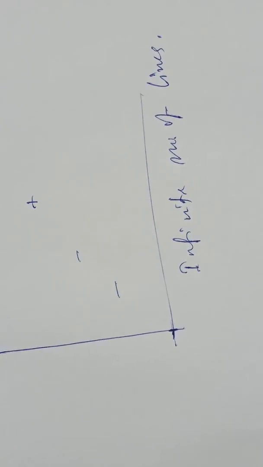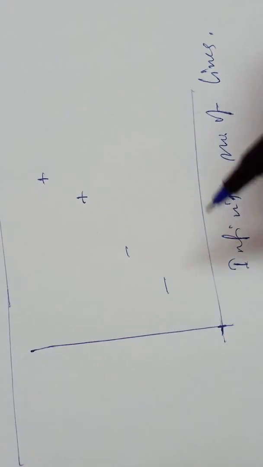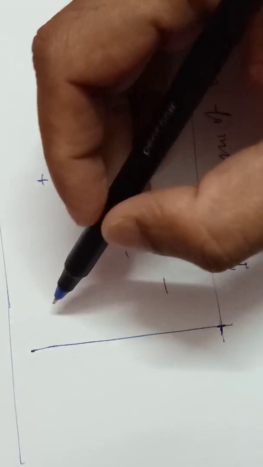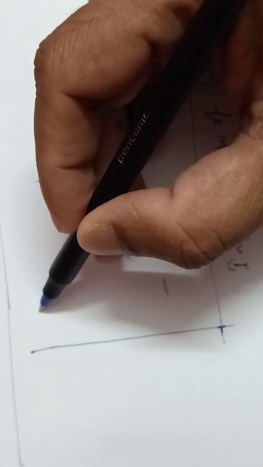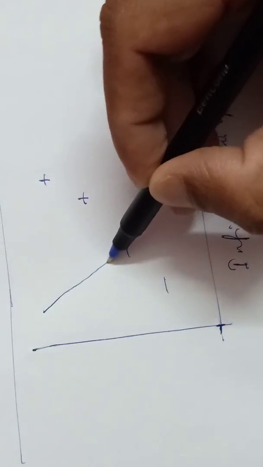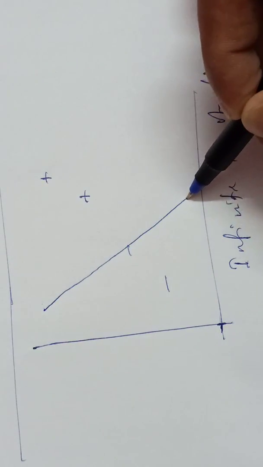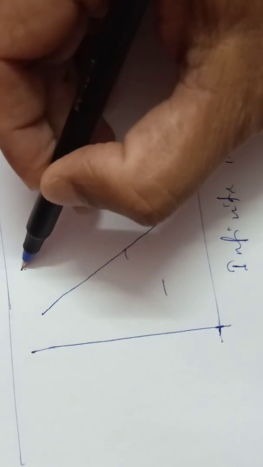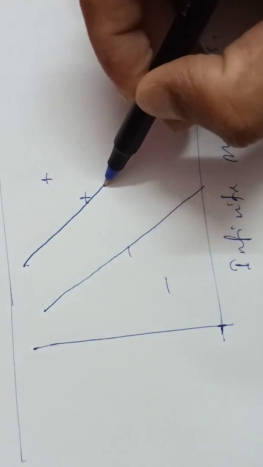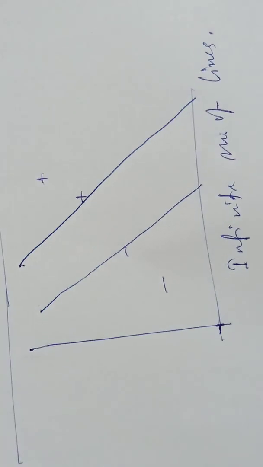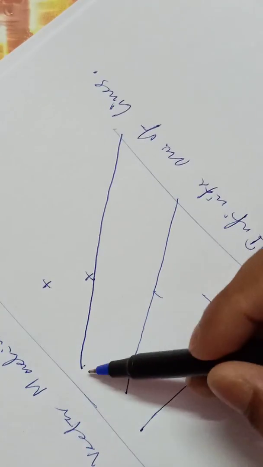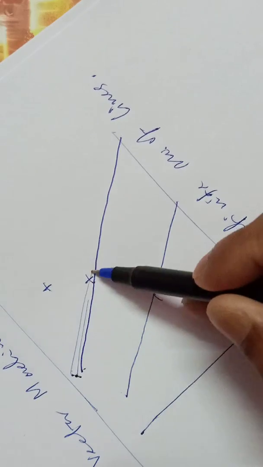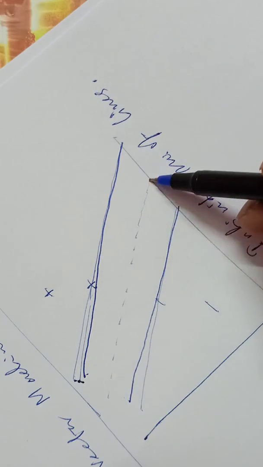First, our target will be to find a road like this, which is touching these two points, for example. These are parallel obviously, and we are considering the median as this.